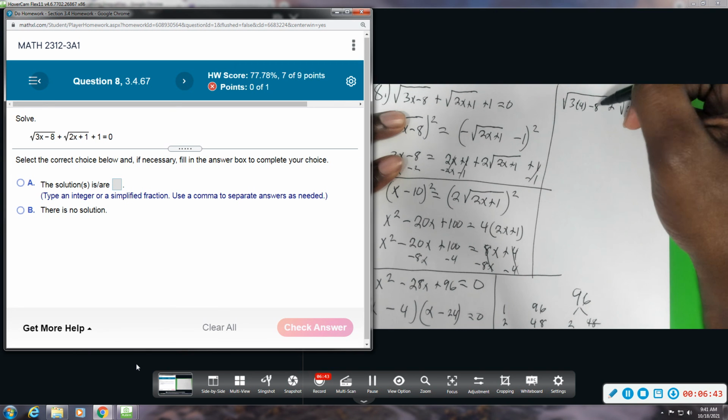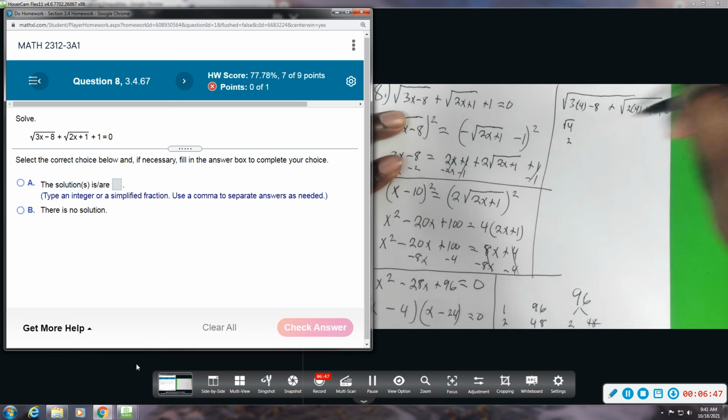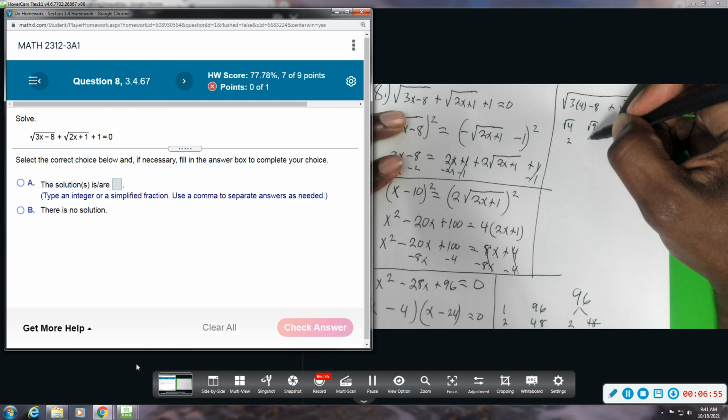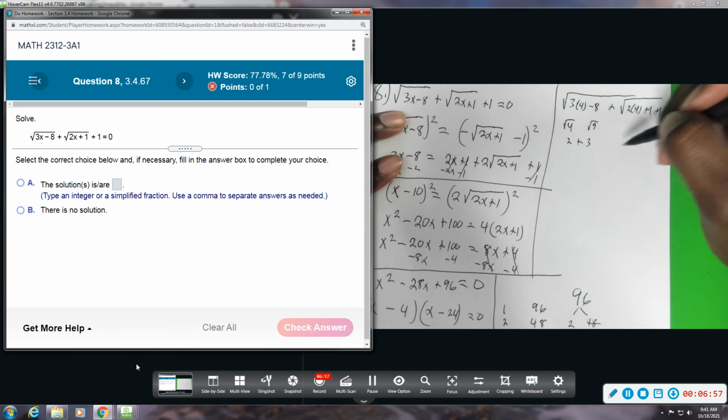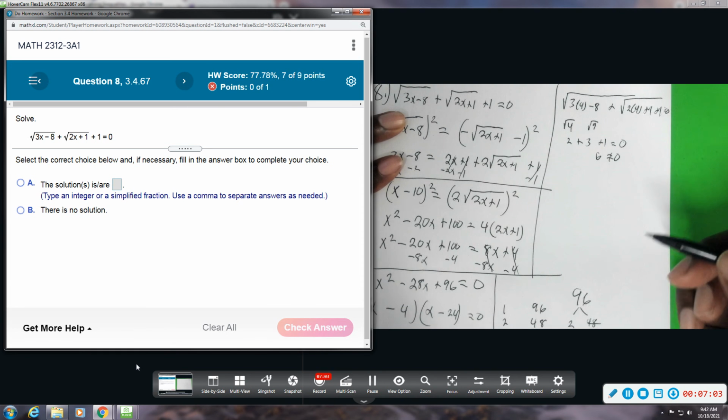All right, 12 minus 8 is 4. Square root of 4 is 2. And then over here, 2 times 4 is 8, plus 1 is 9, and the square root of 9 is 3. So I got 2 plus 3 plus 1 equals 0, and that gives us 6, which is not equal to 0. So it looks like 4 will not work.